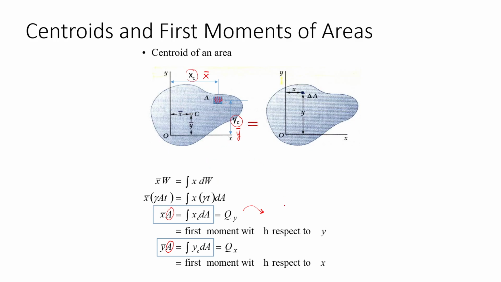If you refer to other books, this may become x bar, then differential area, and the left side may be x sub c times area. So again, it will depend on what reference you're going to look at.